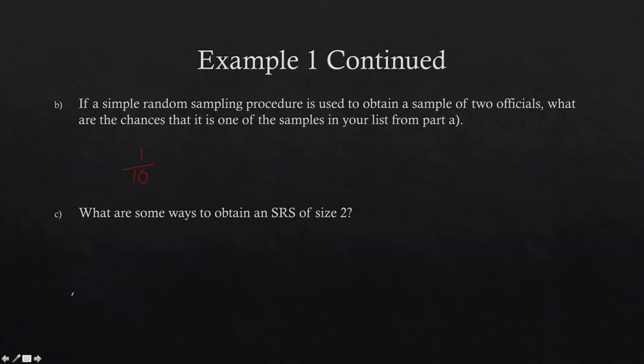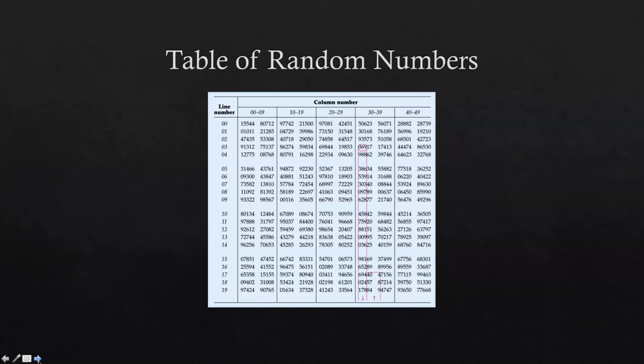But the one that we're going to look at next is called the table of random numbers. And unless you're told a specific place to start, what you're going to do is randomly select a number. Okay? We're going to randomly select a number like this one. And when you're picking your random number table, you want to go down the first column.